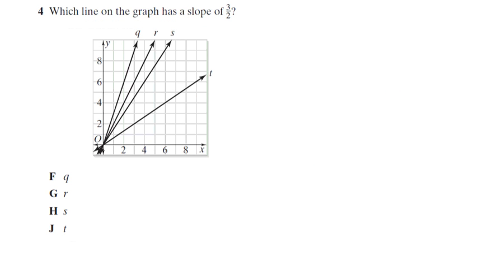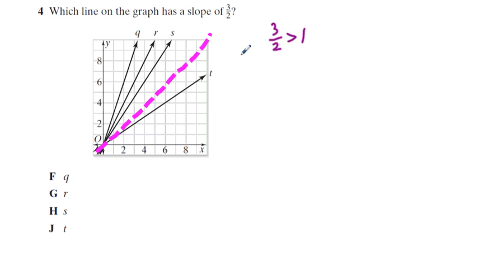4. Now, which line of the graph has a slope of 3/2? 3 over 2 is a number that's greater than 1. And a line with a slope of 1 looks like this dashed line I'm now drawing, like this.